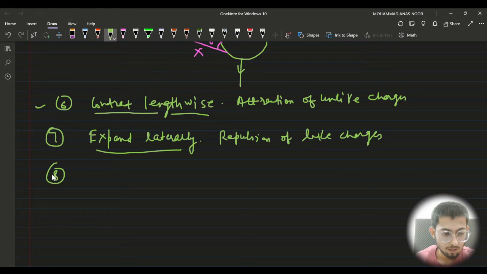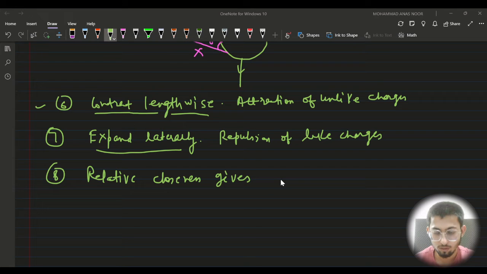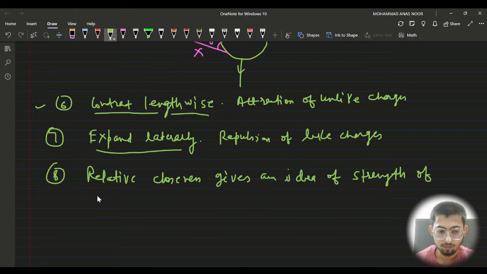And the eighth one is also important: the relative closeness of the lines gives an idea of the strength of the electric field.